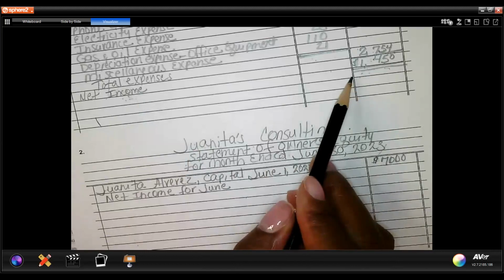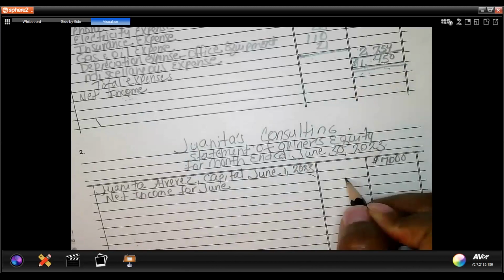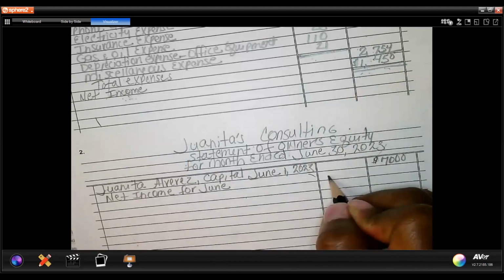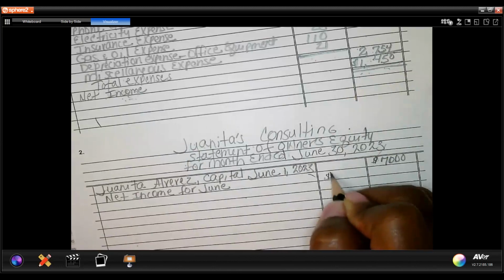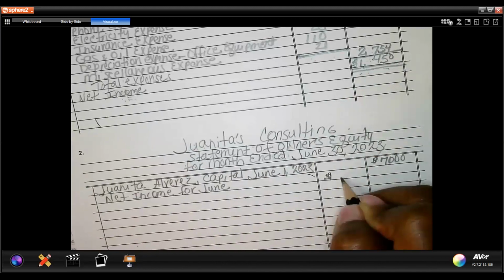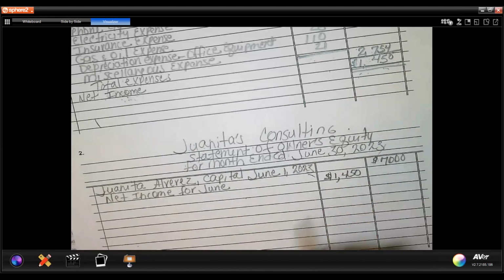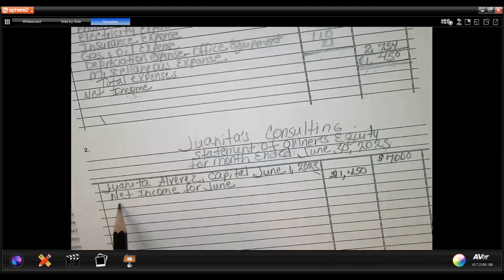In this case, we know it's $1,450. We're going to record that on this side of the form, with our dollar signs, same thing with the dollar signs on the column headers. $1,450.